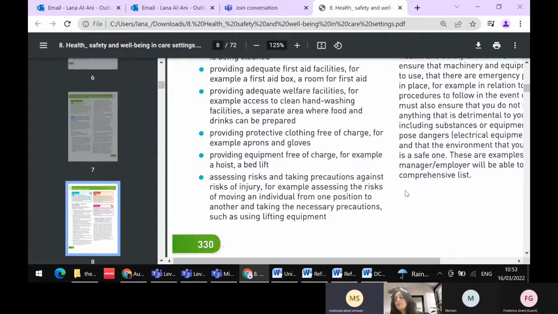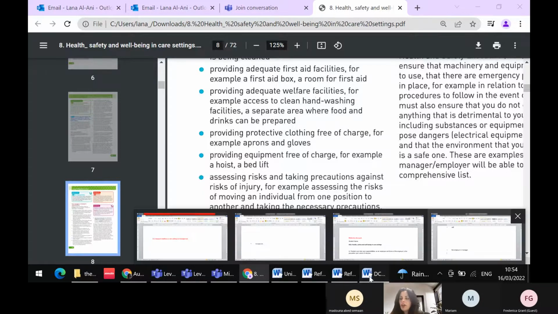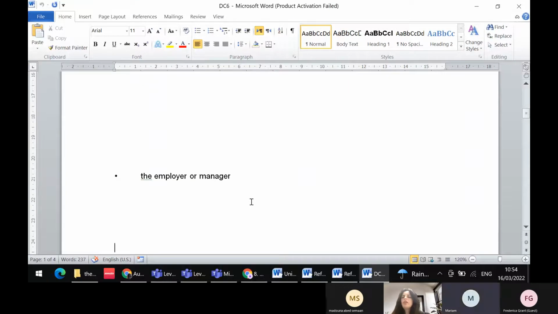Otherwise, people would hurt themselves. They hurt their back. And also proper facilities, like for hand washing, for toilets, for food preparation. It all needs to be proper facilities. Very good, excellent. So this is to answer the employer or the manager.